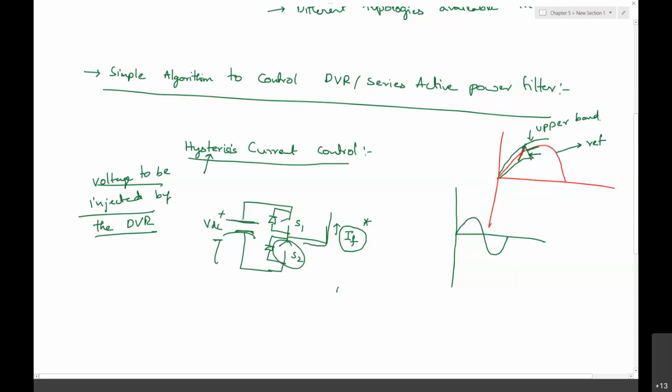We can say that IF, we need to turn on this S2 switch. Now when you turn on this S2 switch, do you think that S2 is going to conduct over here, at this particular point?